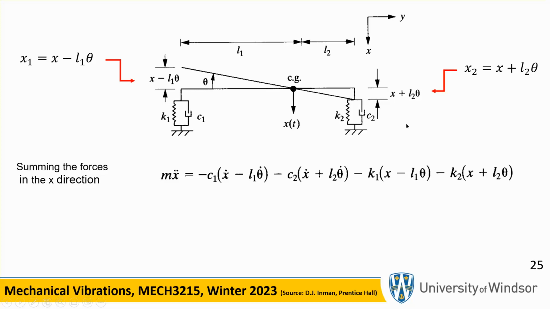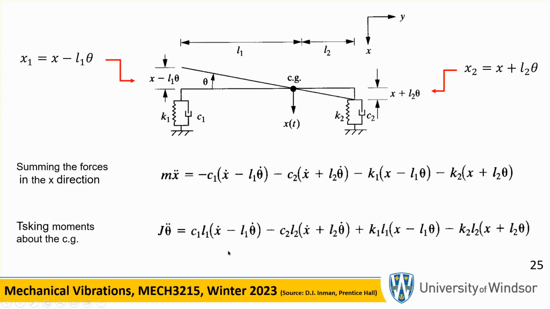And you do the same thing, same forces, but moment about the CG. Please go ahead and do it yourself, because for example, if you look at this, the moment of the damping force, you have to multiply it by the moment arm, which is L1, right there.